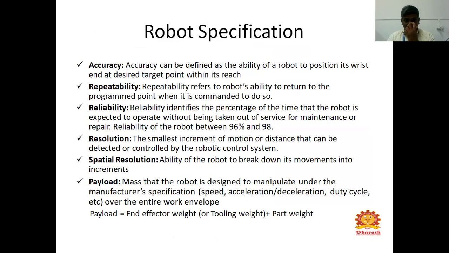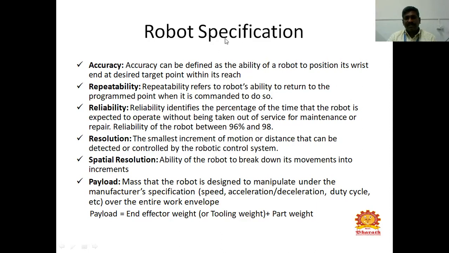Okay. Next is the robot specification. How can we specify a robot? Accuracy. Accuracy can be defined as the ability of the robot to position its wrist end at the desired target point within the reach. We give some input to the robot by the program; what is the output of that program?